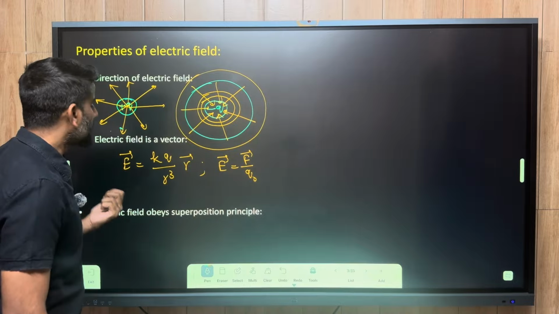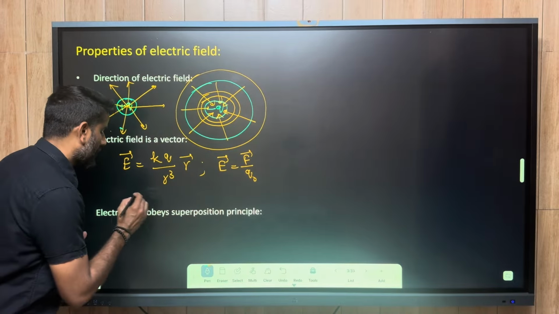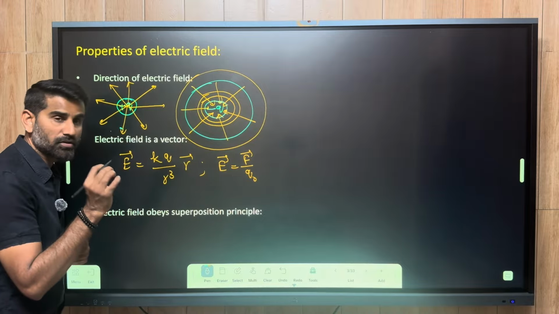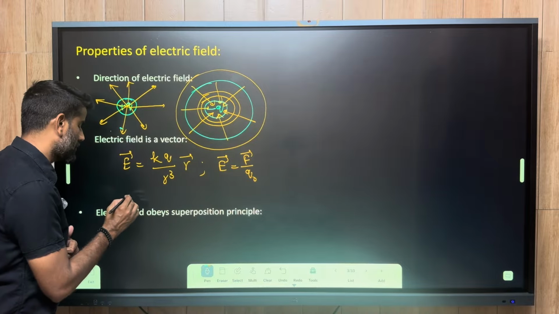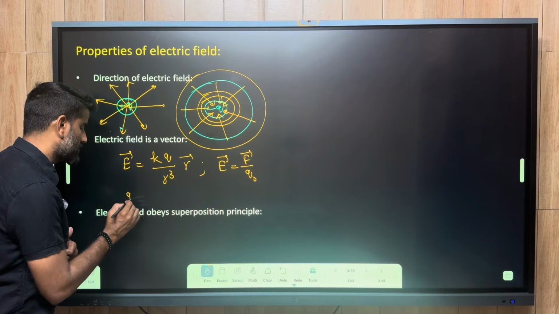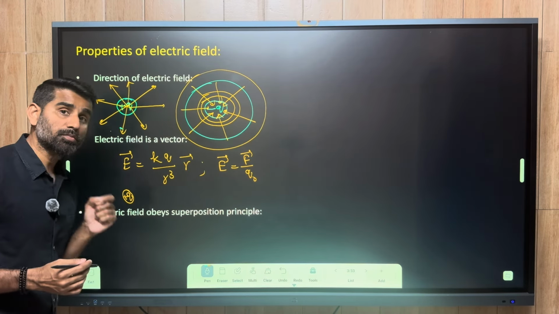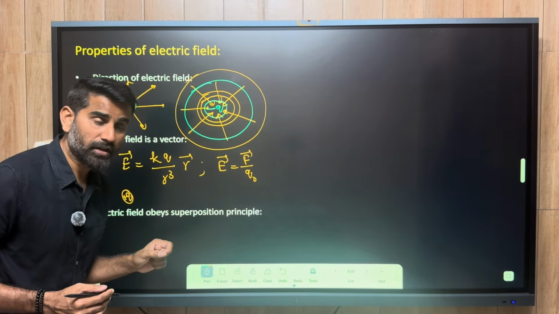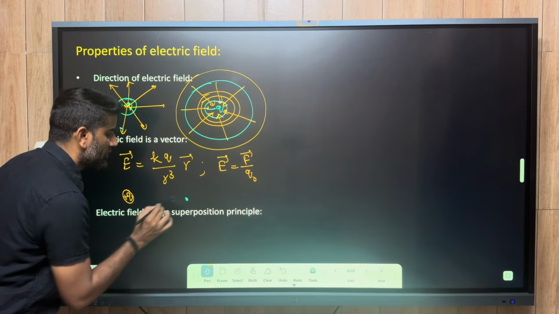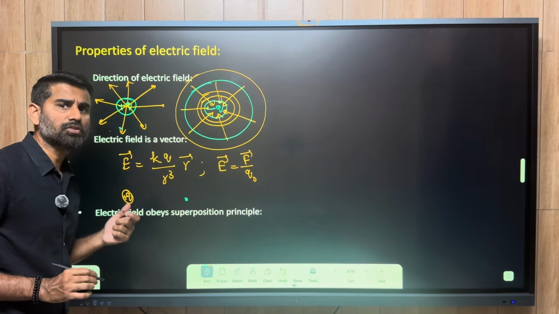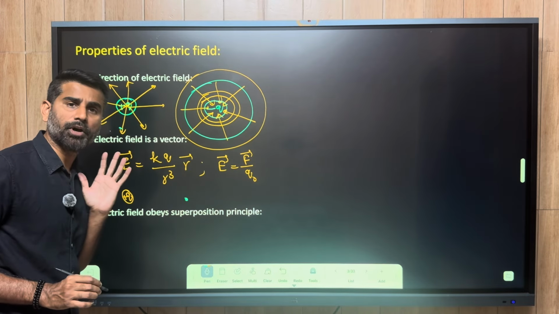So to identify which arrow is required, I'm going to consider a simple illustration. I have the charge here, let's say positive charge. Now I want to measure the electric field at this point. You are asked to find the electric field at this point.